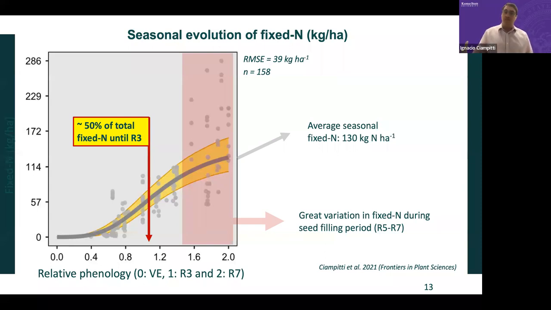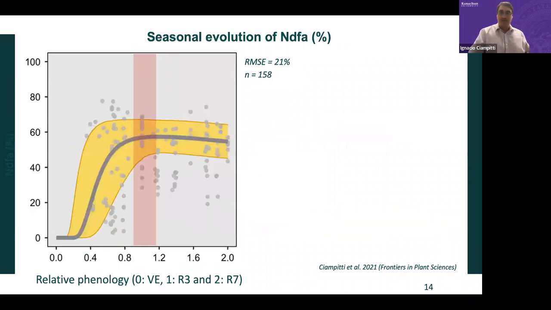At the end of the season, if the health of the canopy is bad and there is too much pressure, we start seeing that fixation declining. If we have very good conditions at the end of the season, good precipitation, solar radiation, and temperature, we see that the plant can continue to satisfy that demand. And that's why we have so much variability in the contribution of fixation.